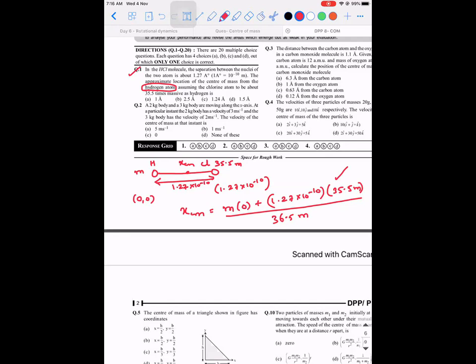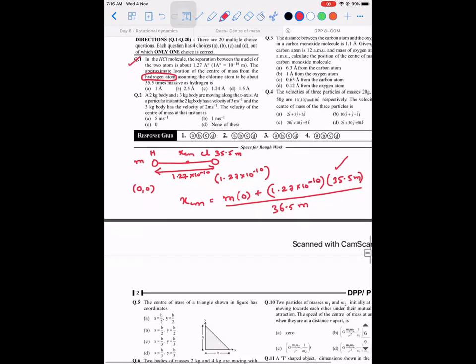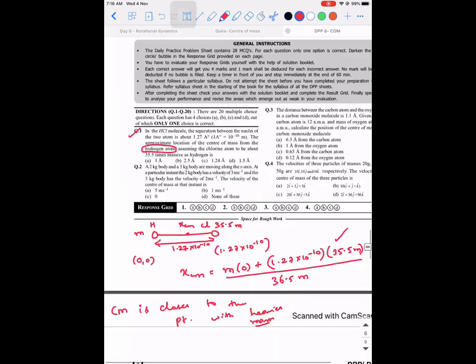The center of mass is always closer to the point with heavier mass.